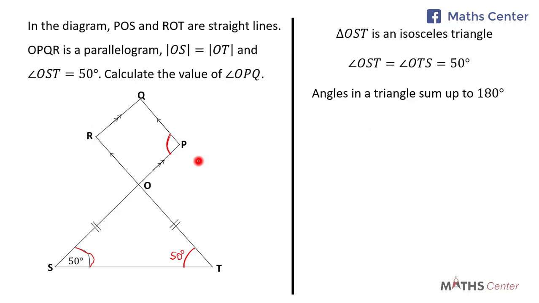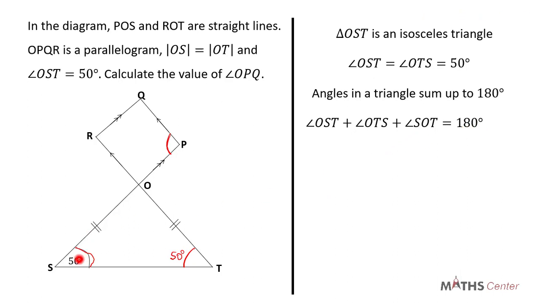We know that angles in a triangle sum up to 180 degrees. So it means that if we add the angle OST to the angle OTS to the angle SOT, which are the interior angles of the triangle OST, we have to get 180 degrees.